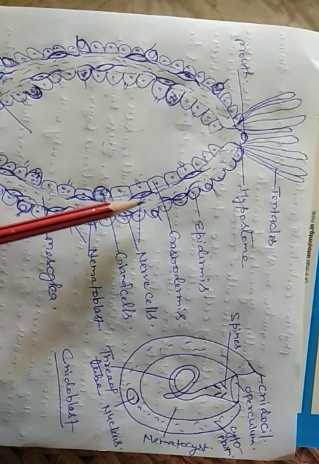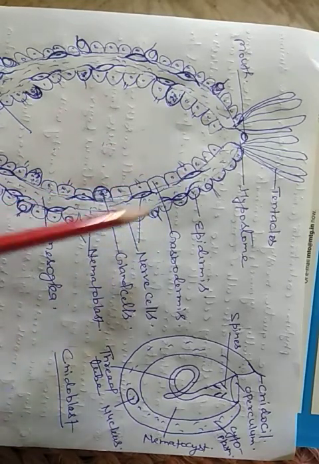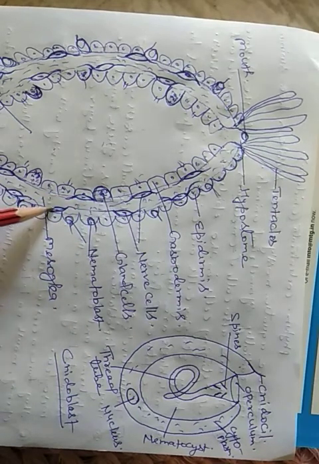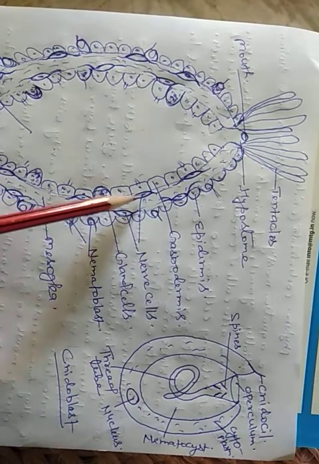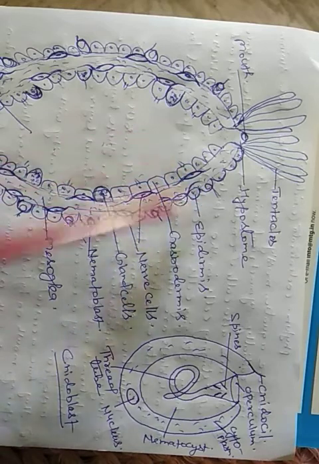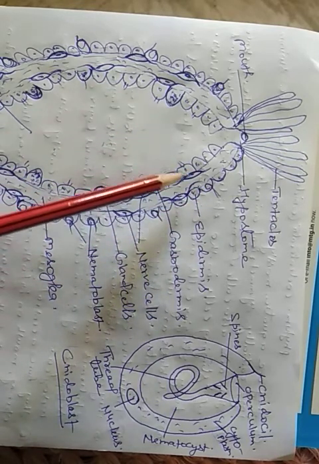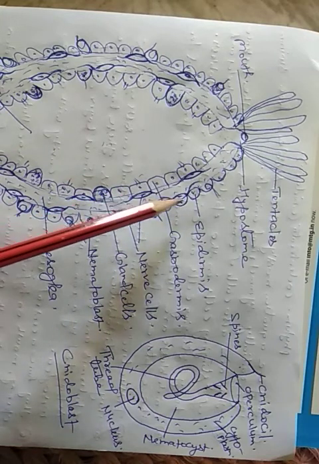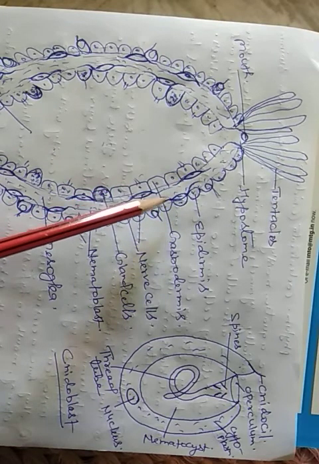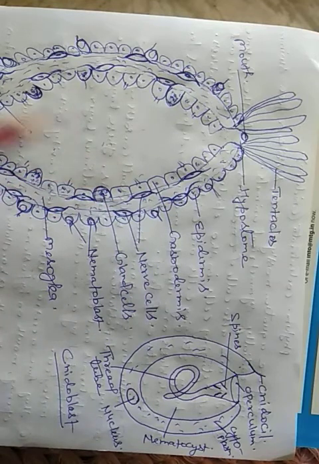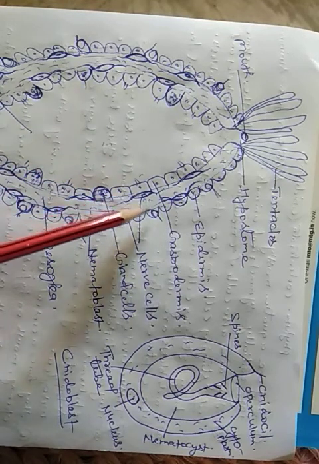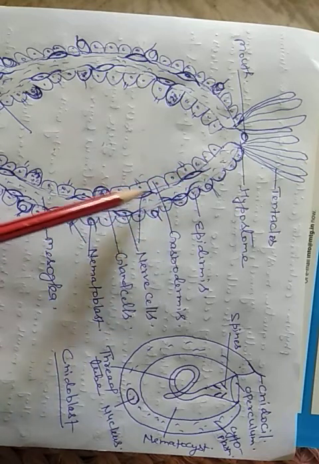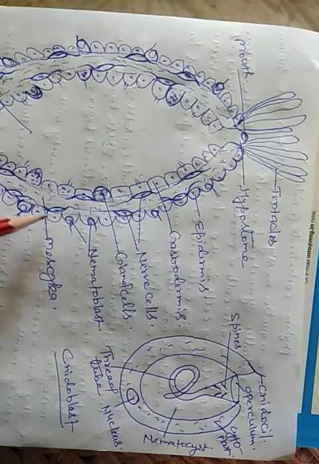Now we can see there are different nerve cells present on both sides of this body wall, in the epidermis as well as the gastrodermis. These nerve cells are not differentiated into dendrites and axons, but each nerve cell bears some processes, and the processes of different nerve cells are interconnected to form a net-like structure.